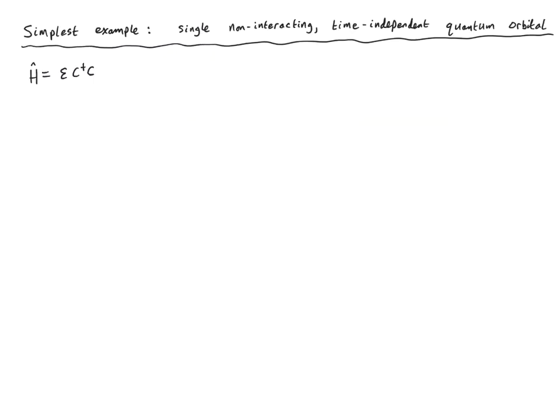In fact, let's take a look at the simplest possible example of a single, non-interacting, and time-independent quantum orbital. The Hamiltonian H hat reads simply epsilon c dagger c, where epsilon here is the level energy for the single orbital. In the occupation number basis, we have eigenstates 0 and 1, corresponding to the situation with no electrons or a single electron in our quantum orbital, and of course these satisfy the Schrödinger equation H psi equals E psi.